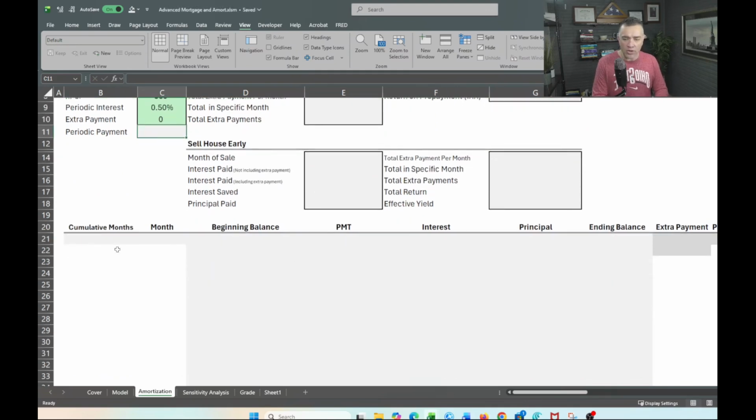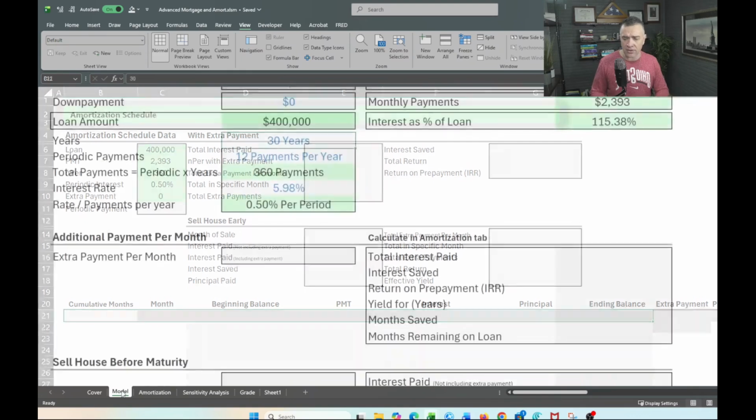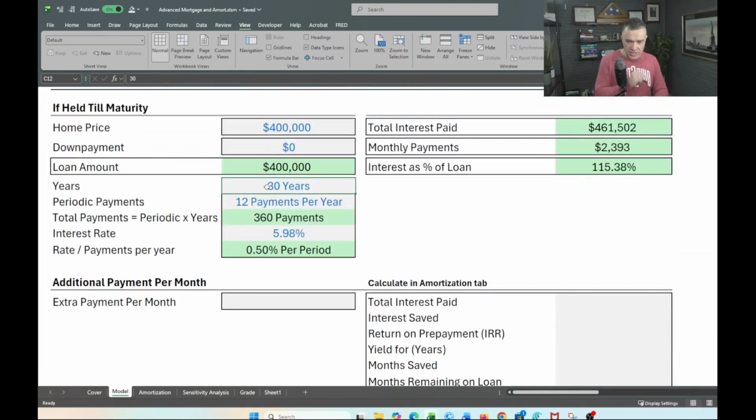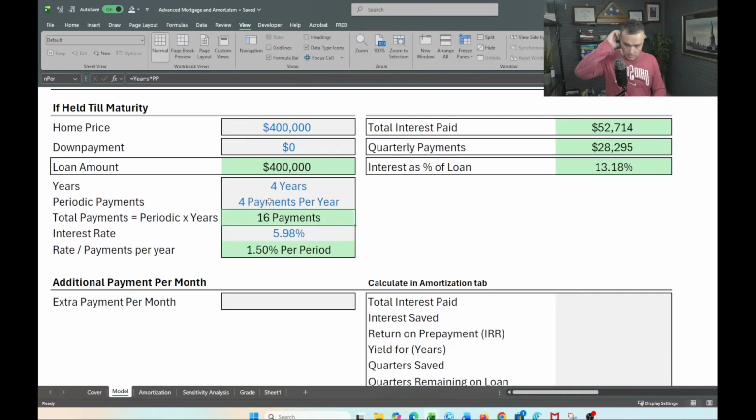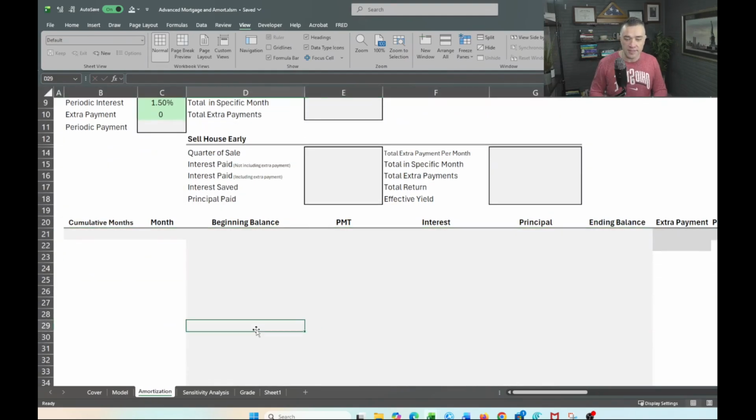What I want to do right now is just the basics. To make sure your model looks good, I'm going to change this to a 4-year loan, and then we're going to do quarterly payments. The reason is we'll be able to see how that looks on one screen.